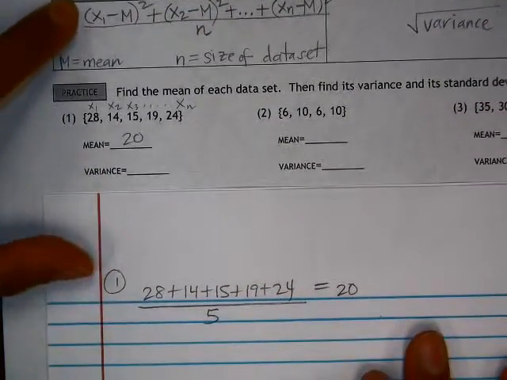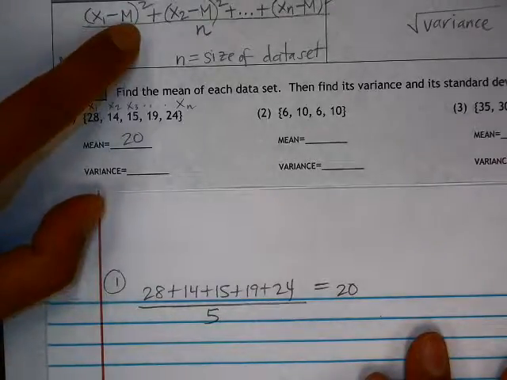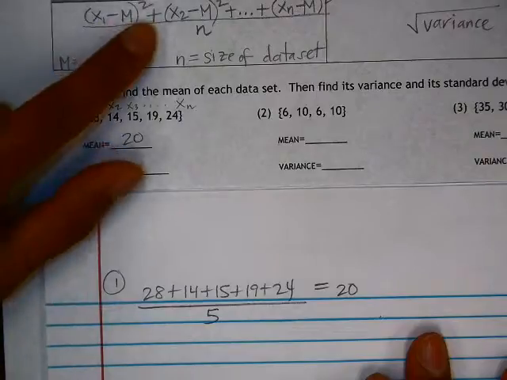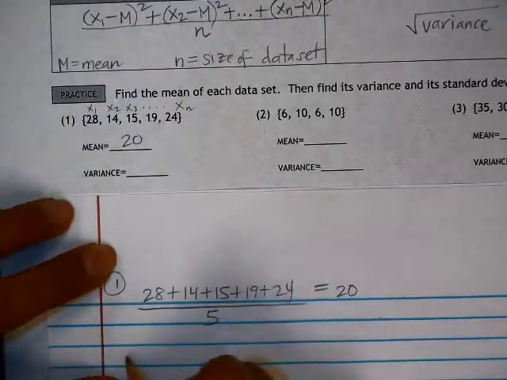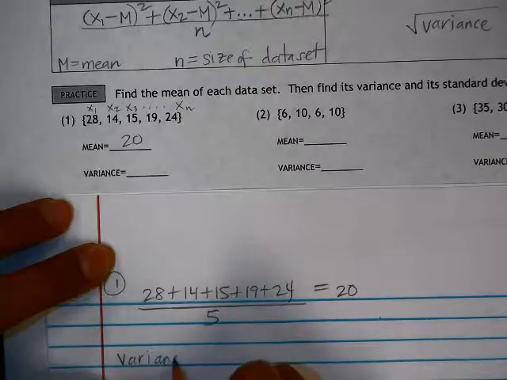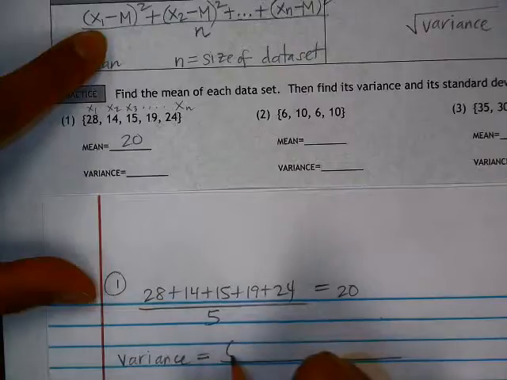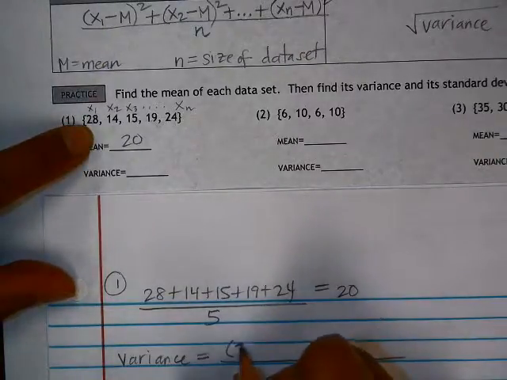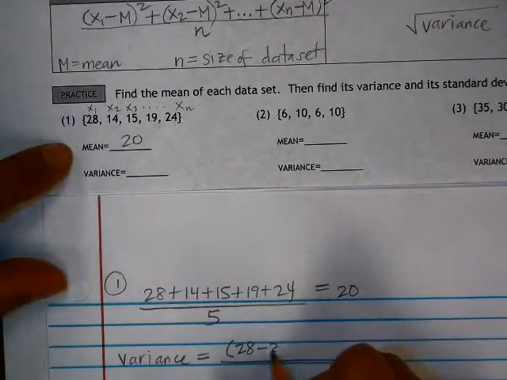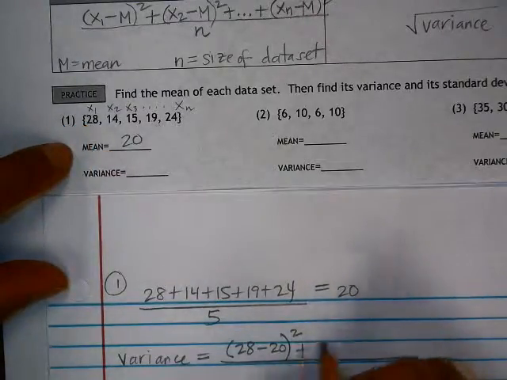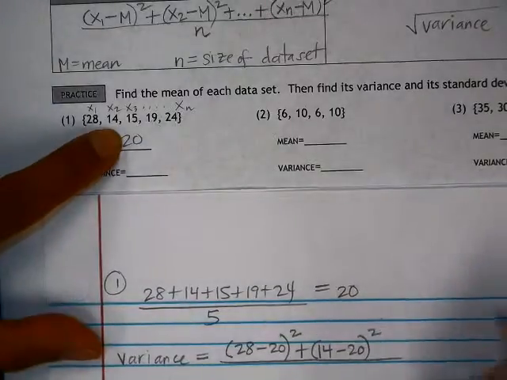So we're going to take each value in the data set, subtract the mean that we just came up with, and square the quantity, add it to the next term, subtract the mean squared, and so on. So for the variance, in the numerator, I'm going to take the first value in the data set, subtract the mean. We got 20, so we're going to subtract 20 and square it. Plus, take the second value, 14 minus 20, and square that.